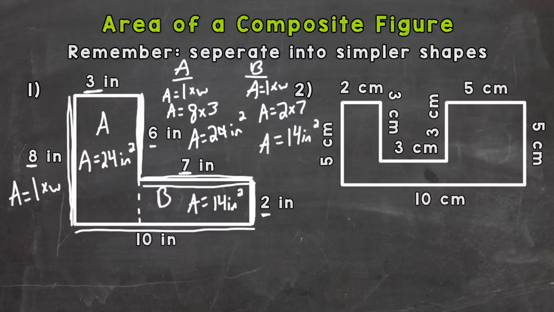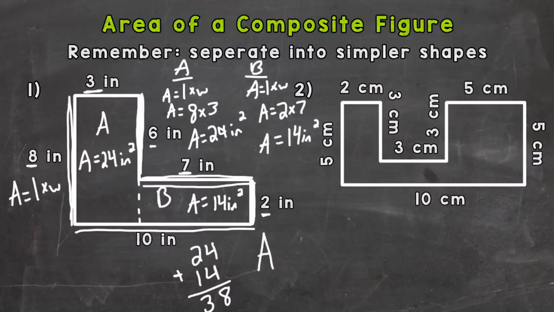Now that we have the area of the left rectangle and the right rectangle, we add those together in order to get the area of the whole shape. So we would do 24 plus 14, and that gives us an answer of 38.